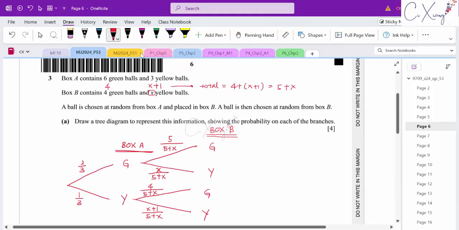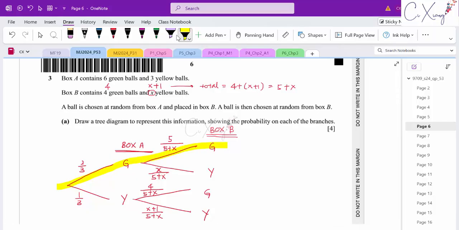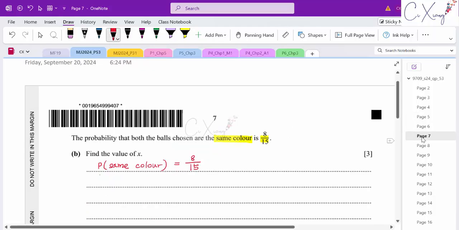How do we get the same color ball from both boxes? There are two possible cases. The first one is the first ball is green and the second ball is also green. To get the probability, you take 2 over 3 multiplied by 5 over 5 plus x.